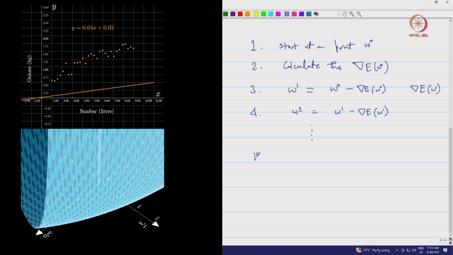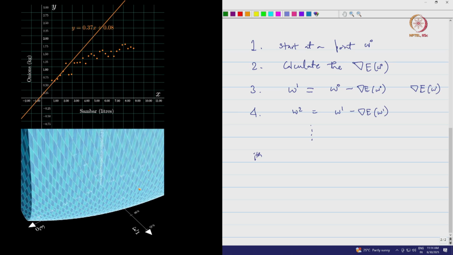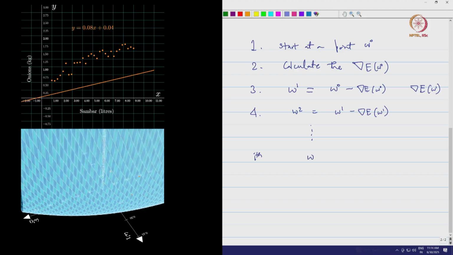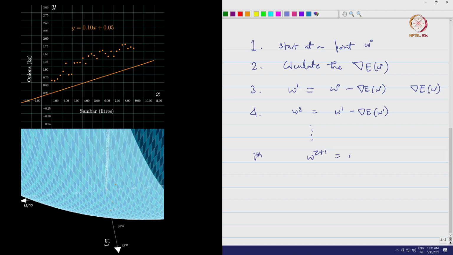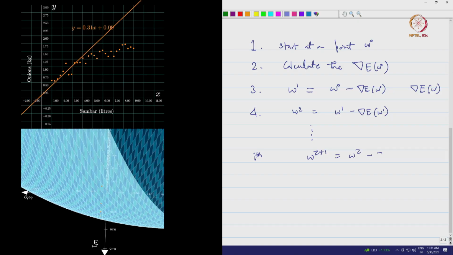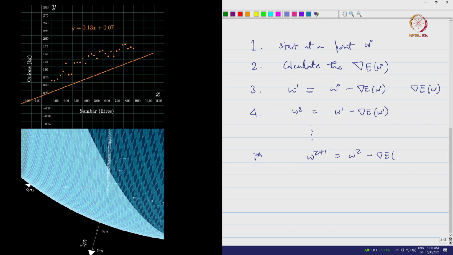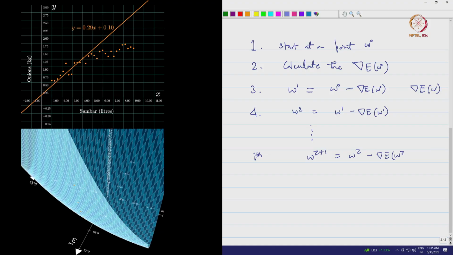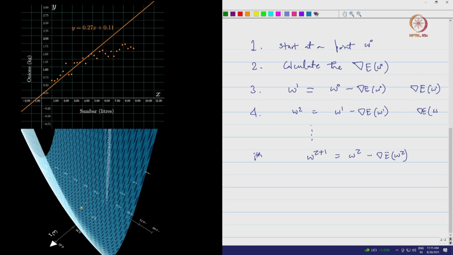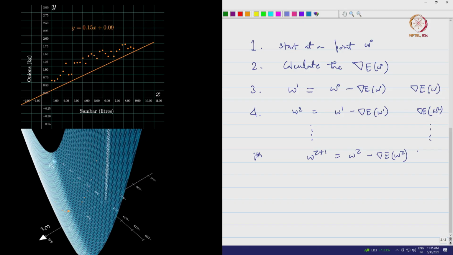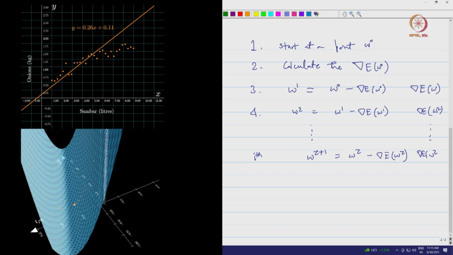So the step is going to look like omega tau plus 1 is equal to omega tau minus nabla E of omega tau. In parallel, you are looking at nabla E of omega 2, and so on up to nabla E of omega tau.